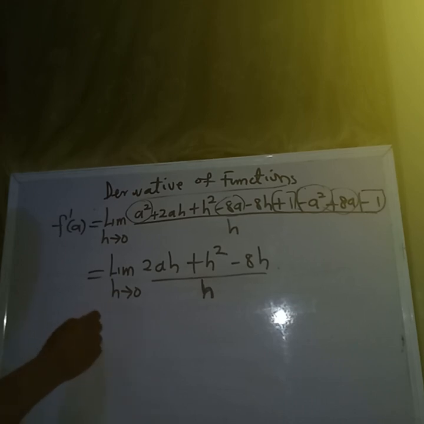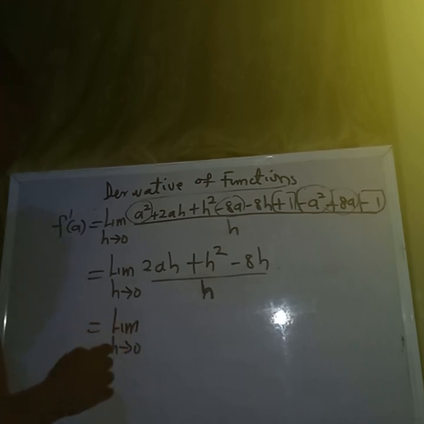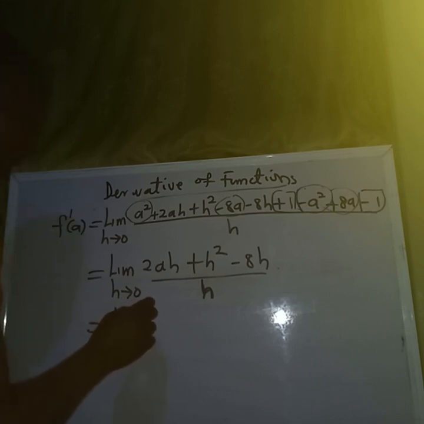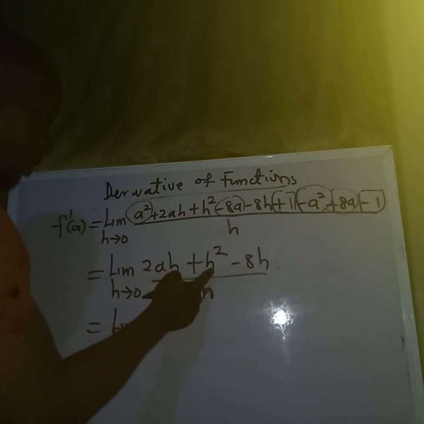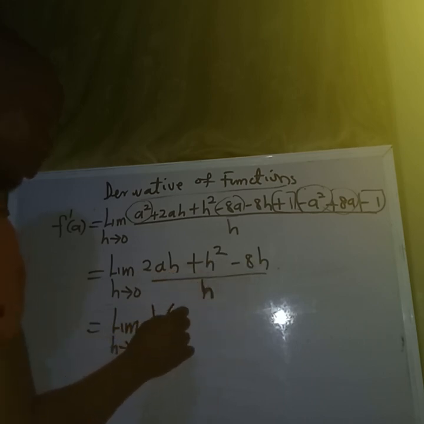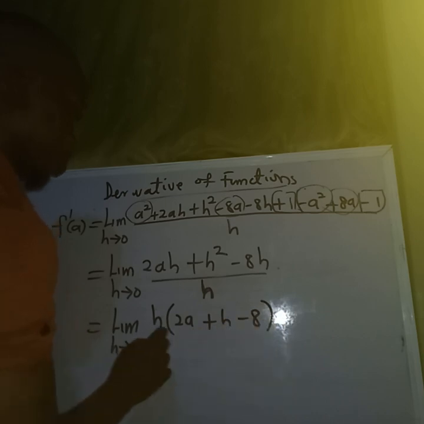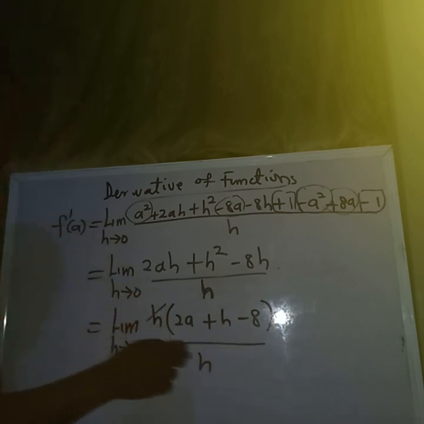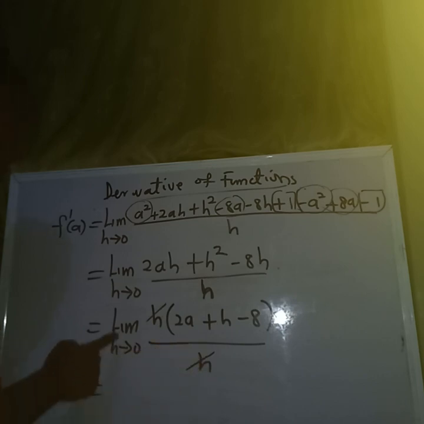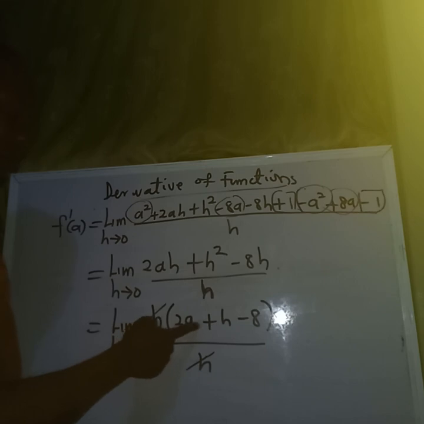So this will be equal to the limit as h tends to 0. We are factorizing h out: this will be 2a plus h minus 8, all over h. So this h takes care of this, and the remaining term here will be 2a plus h minus 8.